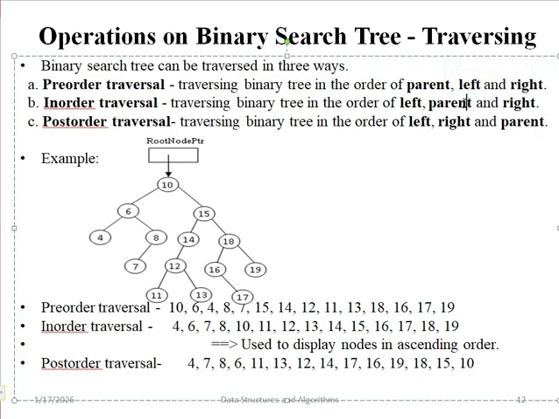That's why it is termed in-order traversal. And for post-order, the parent value is displayed after we displayed the left and right nodes. So this is why it is termed post-order.